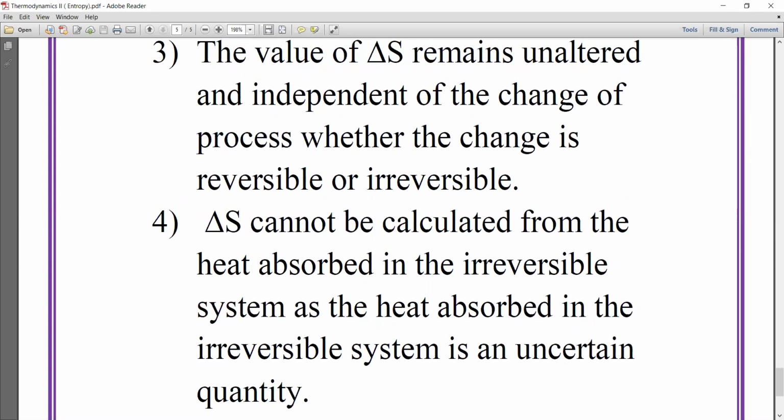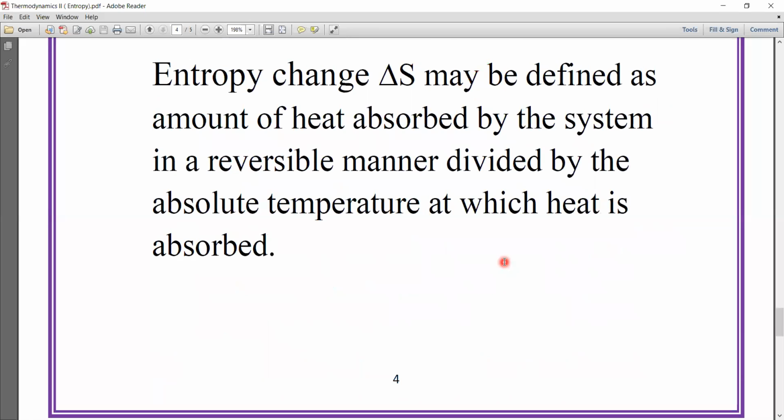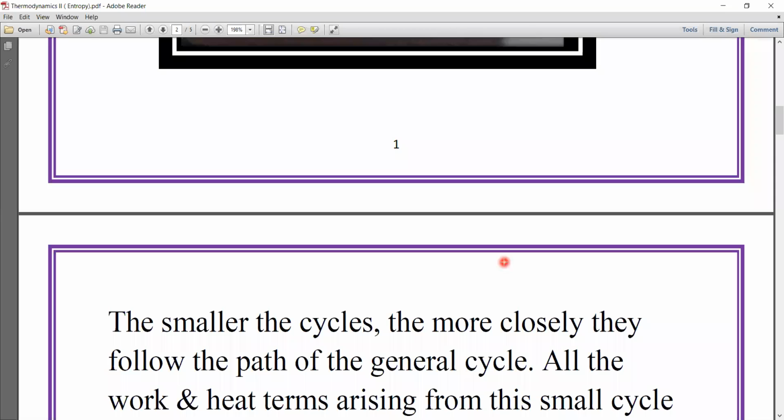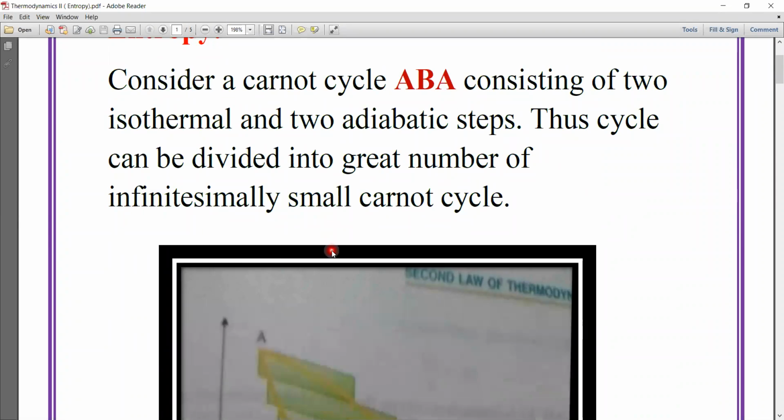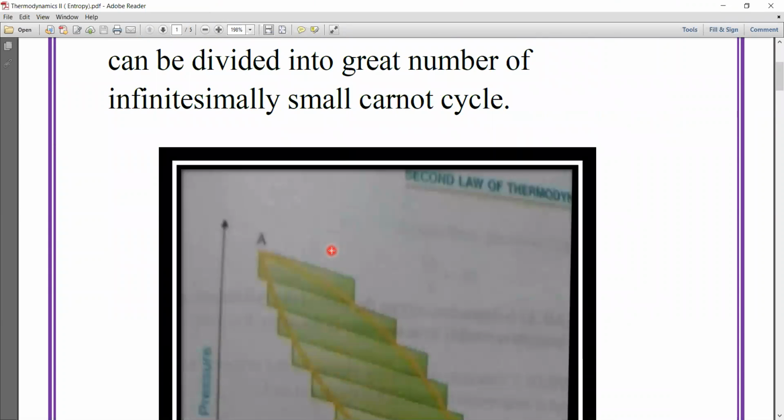So I will repeat in short the concept of entropy. To explain the concept of entropy, we have considered a Carnot cycle ABA consisting of two isothermal and two adiabatic steps.